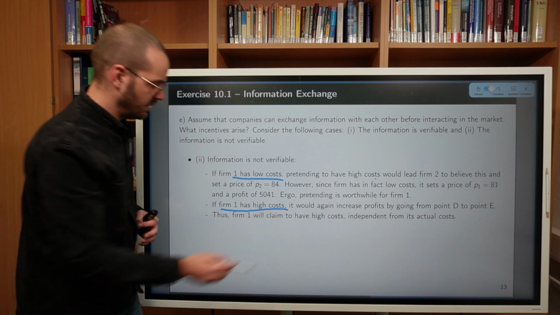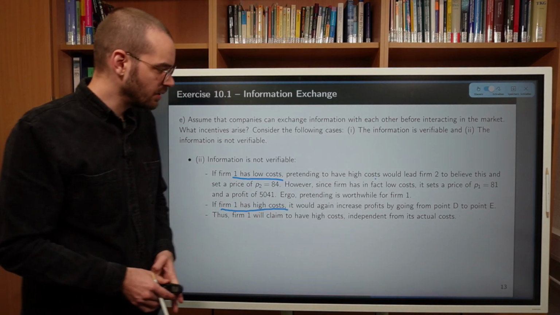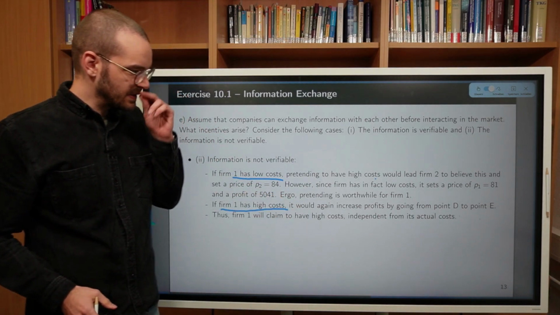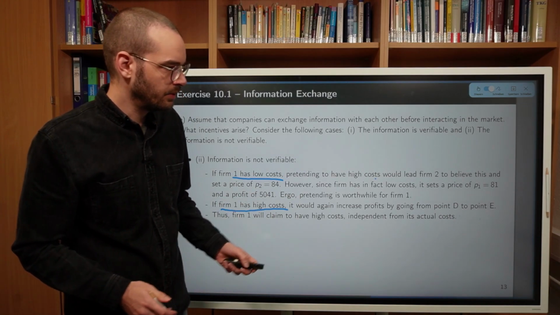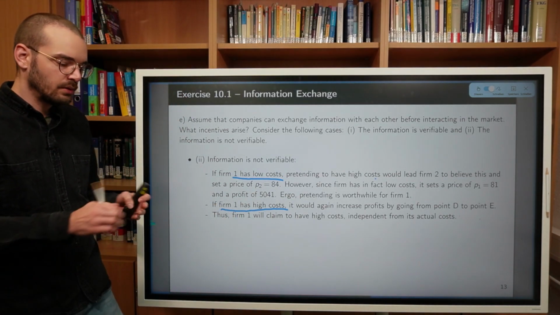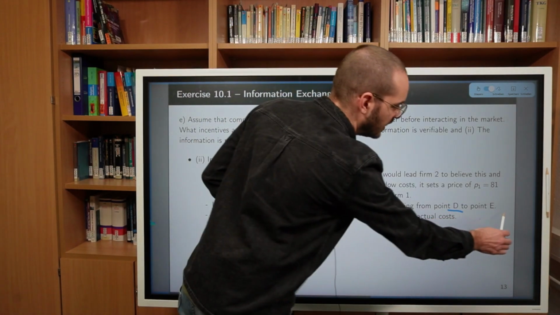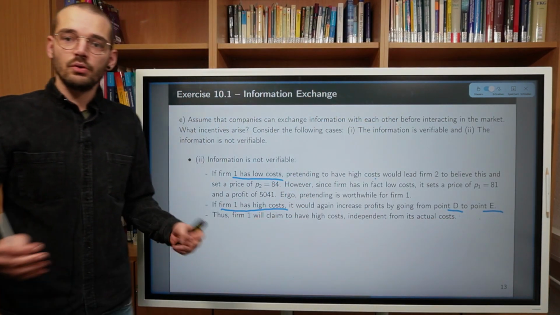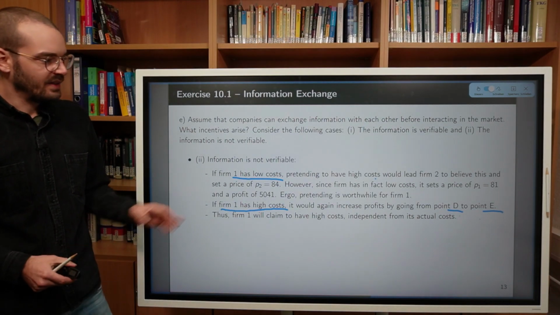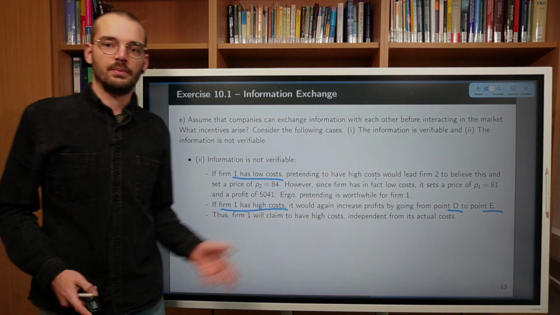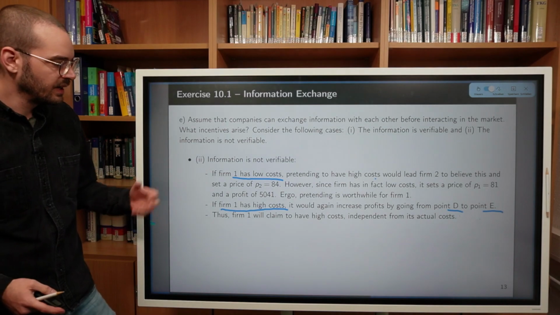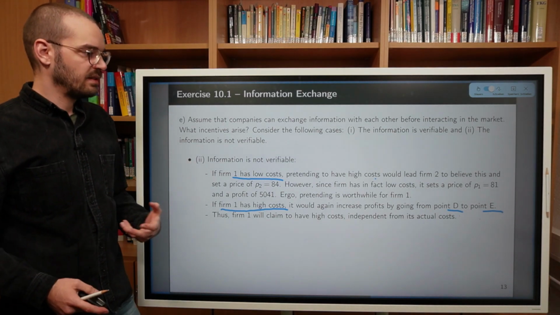The second one is if firm 1 has high costs, it would again increase their profits by going from point D to point E. So by leaving the state of uncertainty and revealing their true actual high costs, thereby going towards equilibrium E, as we have discussed earlier, and increase the profits.